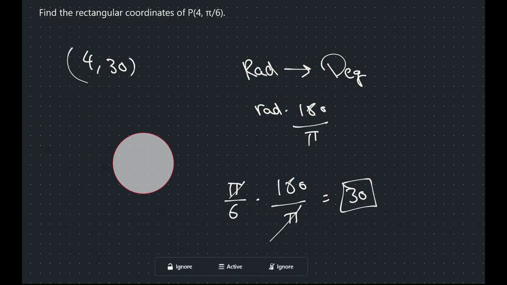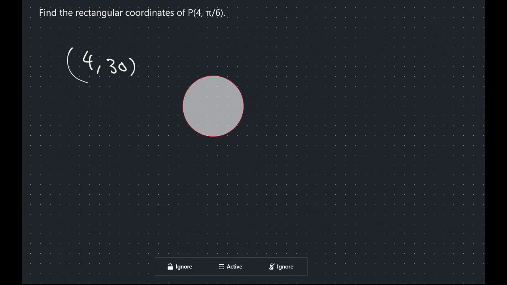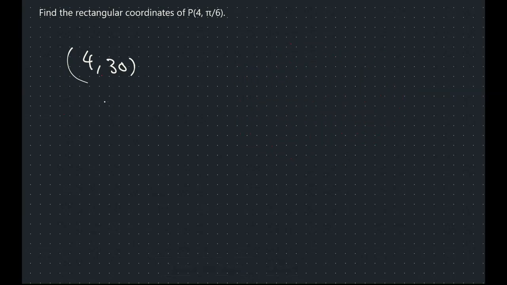And now, since we have the polar form here, we can convert it to rectangular. And in rectangular, we are concerned with the x and y. We know the formula for x is r cosine theta, and y is r sine theta.